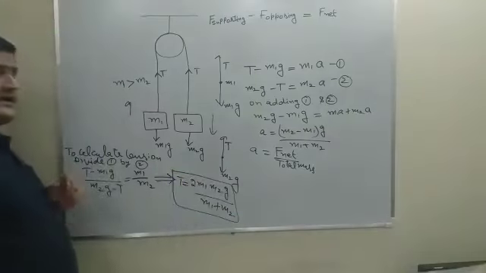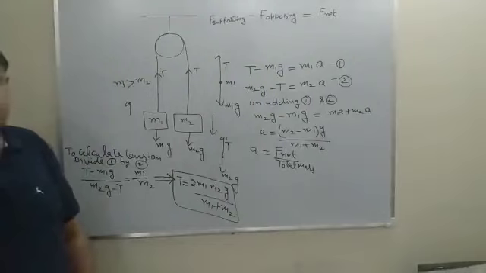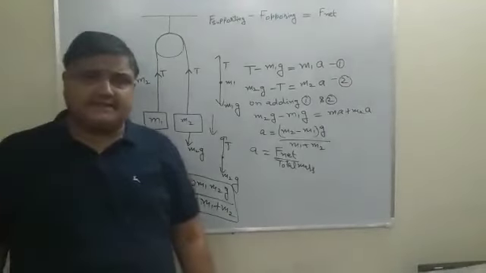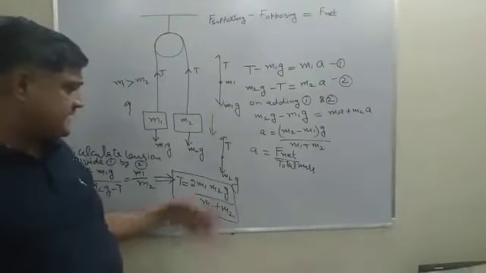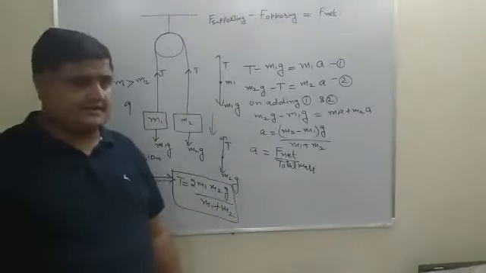This is the relation of tension when this is the ideal case, that is the pulley is frictionless and the thread is massless. In this case, tension will be 2M1M2G over M1 plus M2. You have to remember this relation.